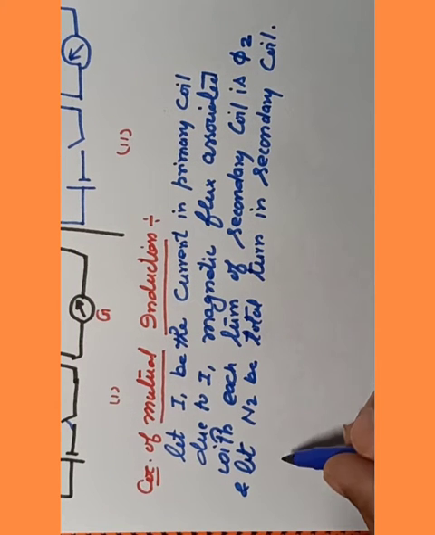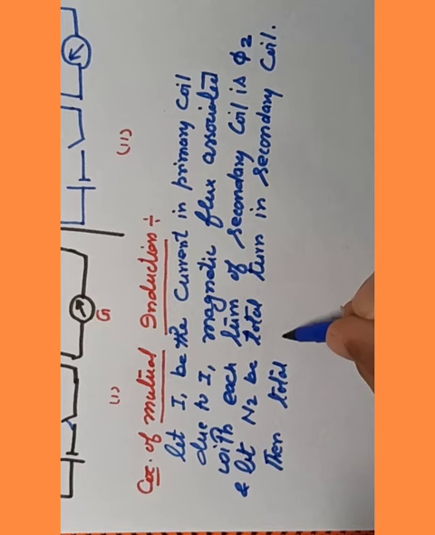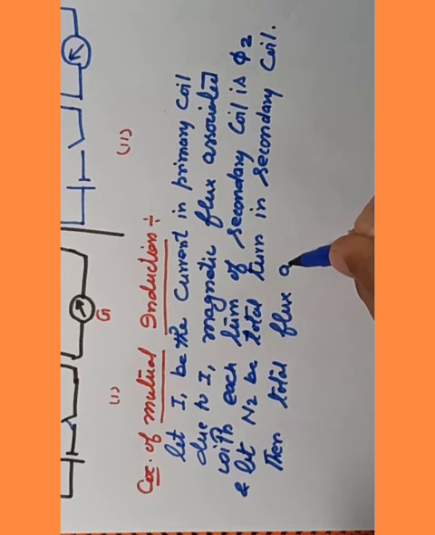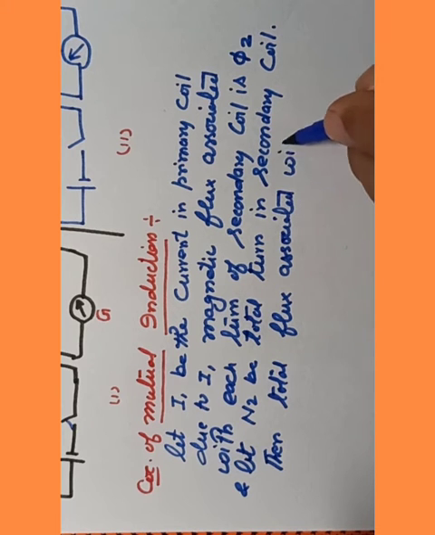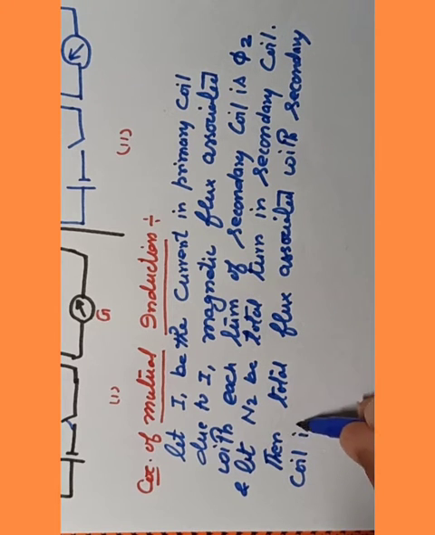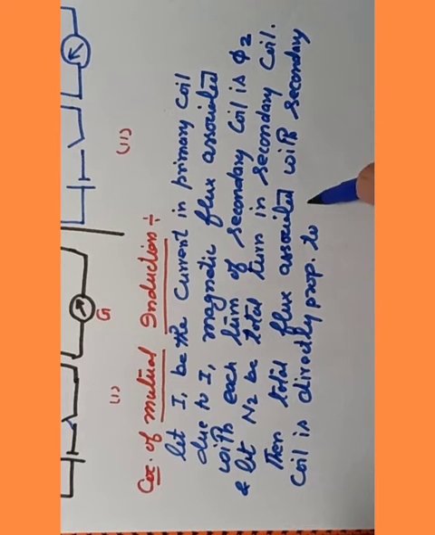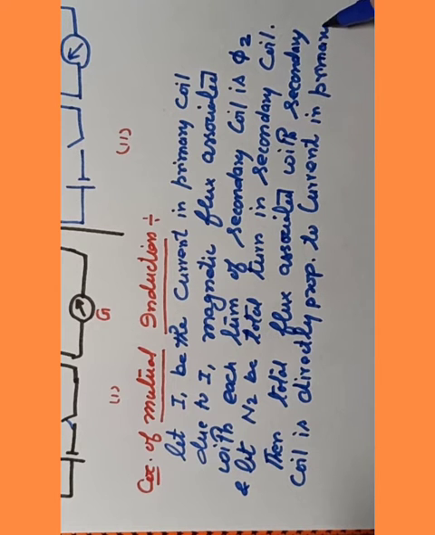Then total flux associated with the secondary coil is directly proportional to current in the primary coil.